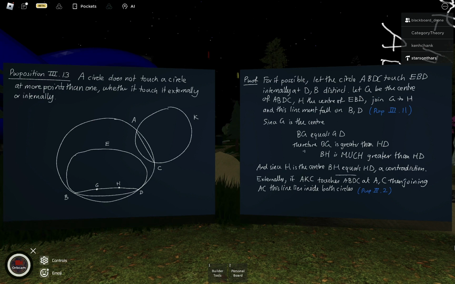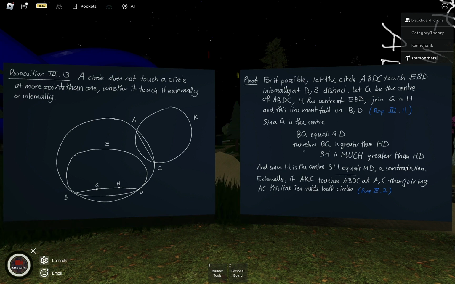And I guess the suggestion is that since AC is internal to AKC, it can't be that none of the points on AKC lie within the other circle, because you could slide that line along the circle a little bit or something. Yeah, I think we need a little bit more argument.